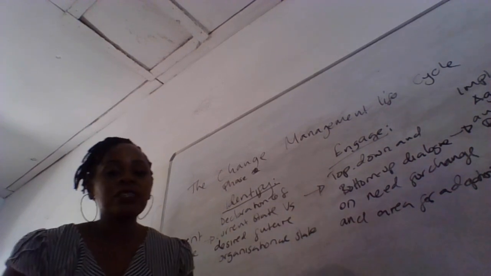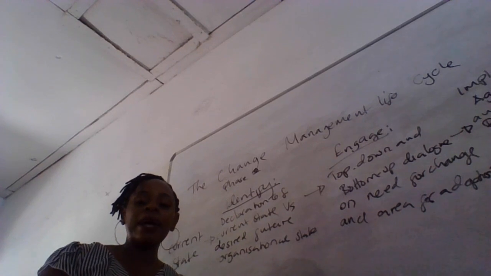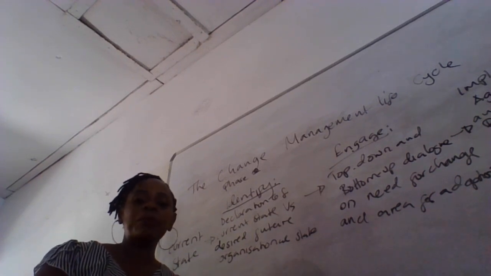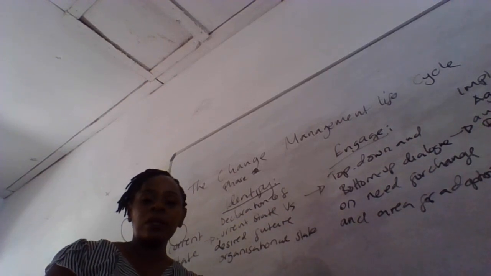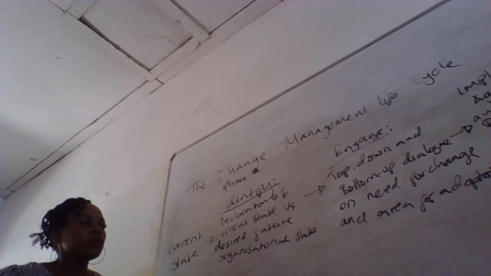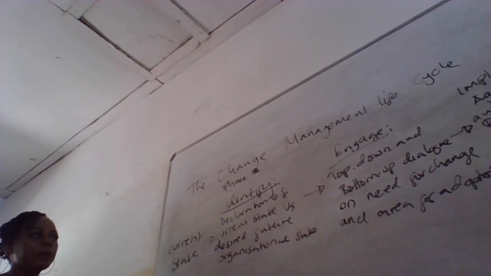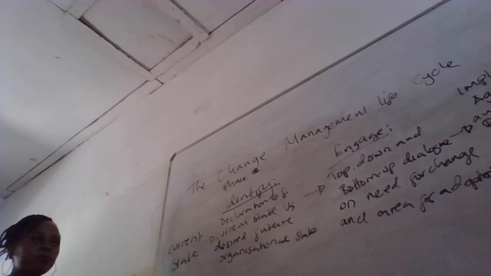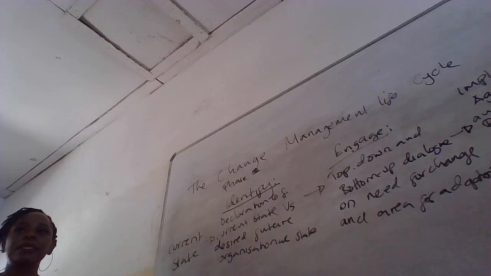However, organizations often fail to identify and communicate the need for change in a way that is understood and embraced by people working at all levels of the organization, from the executive to the individual workstation. So if you have realized that there's a certain change that you want to bring in, you need to communicate in a language that everyone is going to understand.